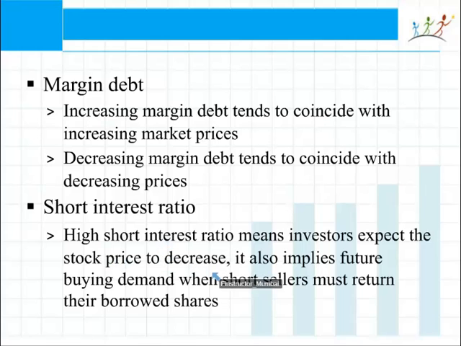However, you can also take a contra view that in the future these short positions will have to be covered. That is, the investor will have to buy back the stock and give it back to the lender.